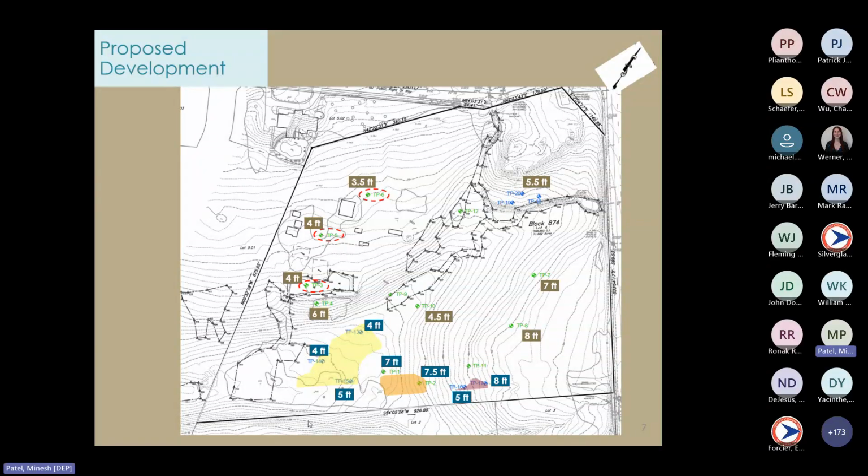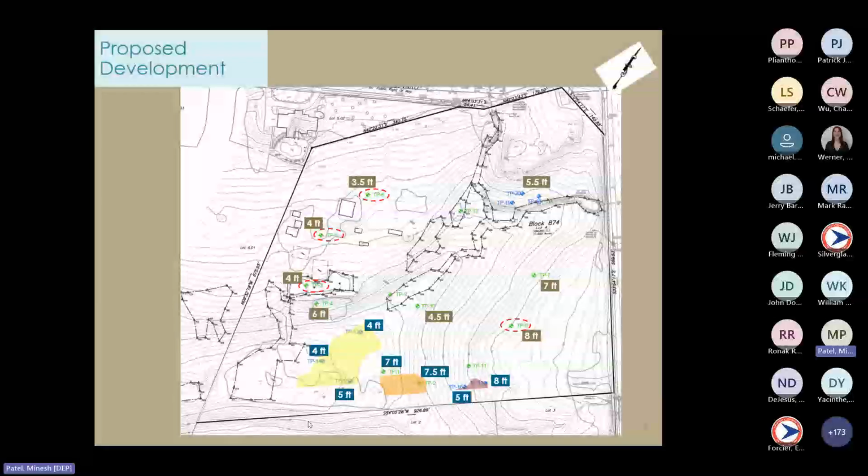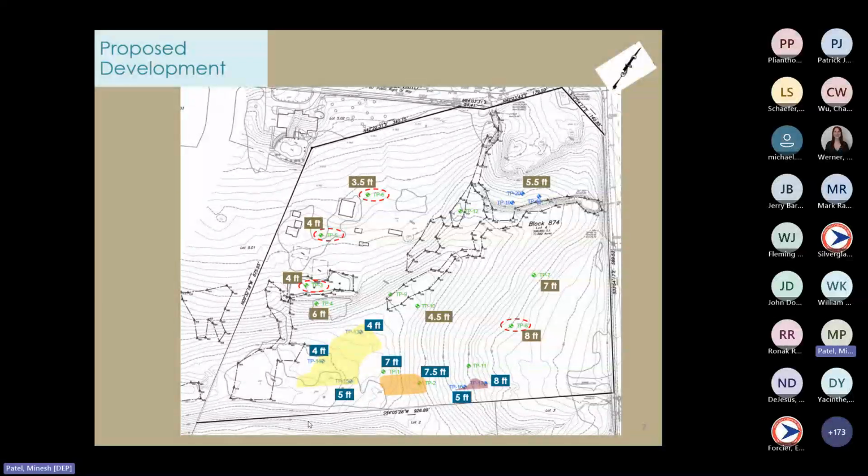For test pit 6, groundwater was found at 6 feet below grade. And lastly, a perched water table was found for test pit 8 at 10 feet below grade. As with the blue shaded test pits, groundwater was not encountered at the ones I didn't call out.